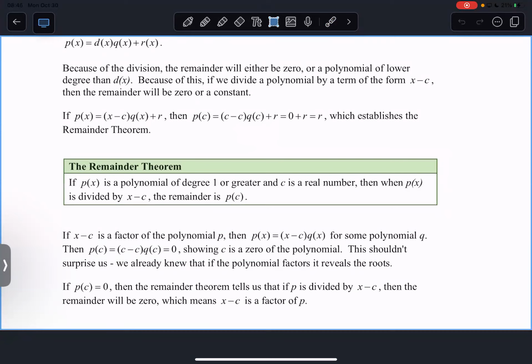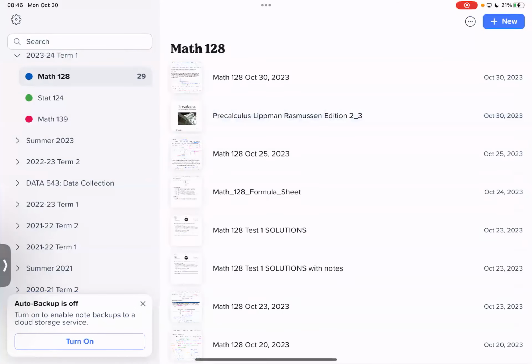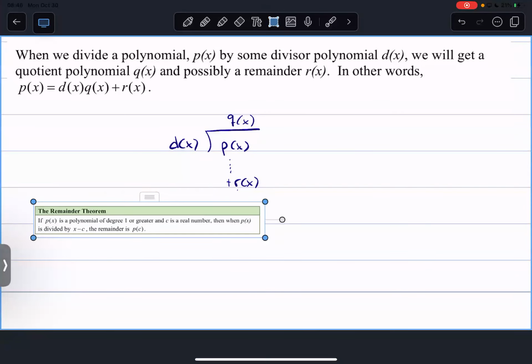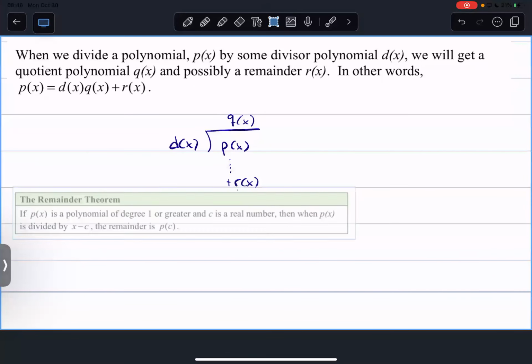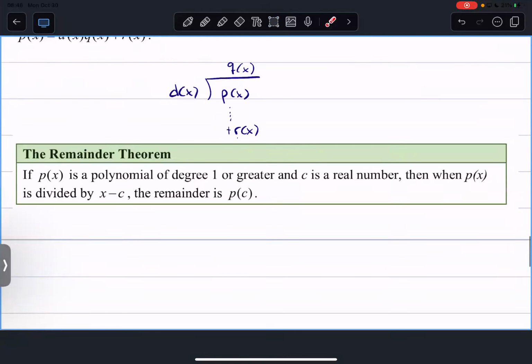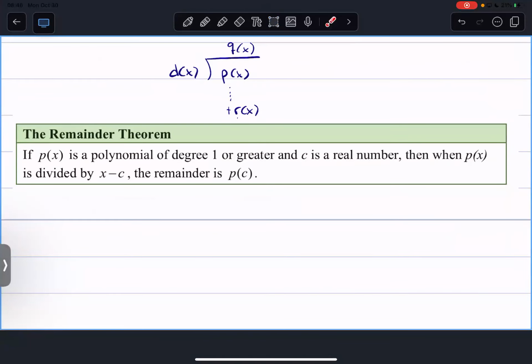The remainder theorem. The remainder theorem sounds important, but it's also kind of straightforward.